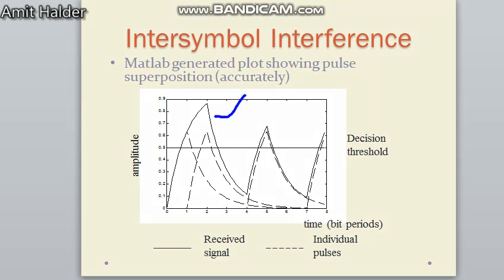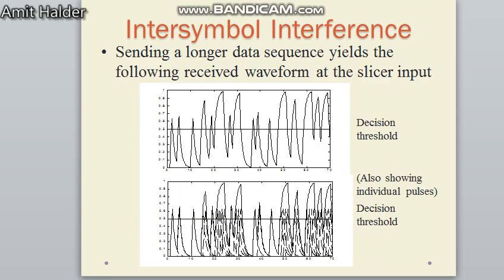So that's not correct to say because of the intersymbol interference. As you can see, there is some intersymbol interference here too. Sending a longer data sequence here, the following received waveform is the slicer input, also showing the individual pulses and the decision threshold. So there are certain blocks that have been jam packed or are getting interference right there.